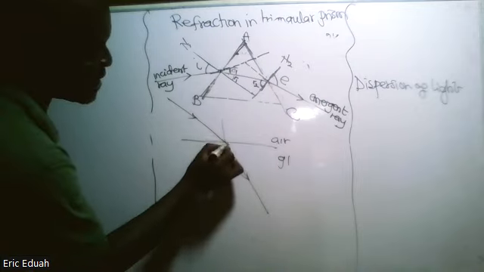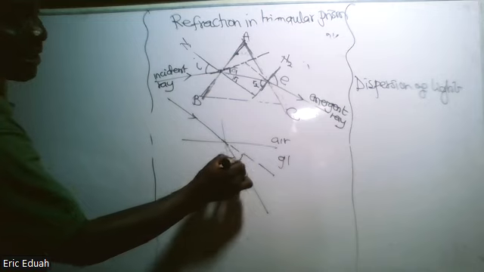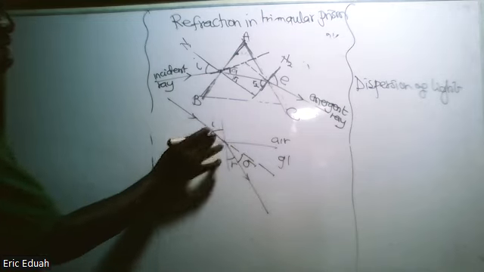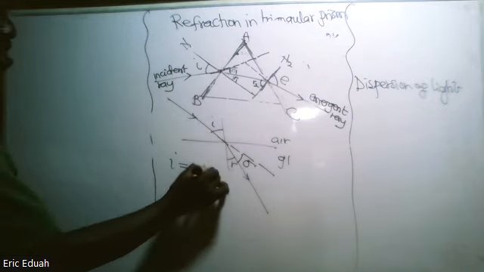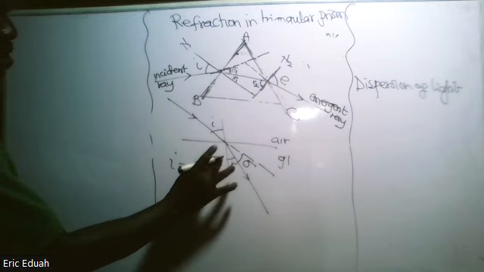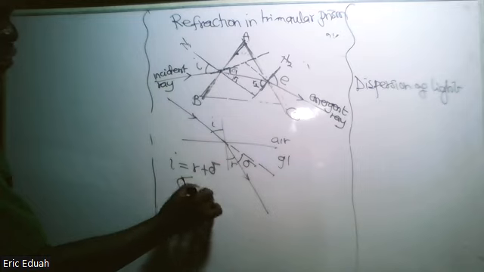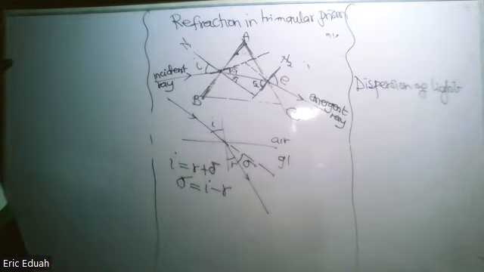When I extend the original path of the incident ray, this is the angle of deviation. This is the angle of incidence. You realize that I is equal to R plus sigma, isn't it? So when you make sigma the subject, this is equal to I minus R. That's the same thing we are doing here.